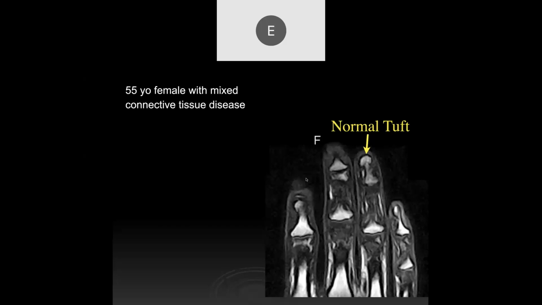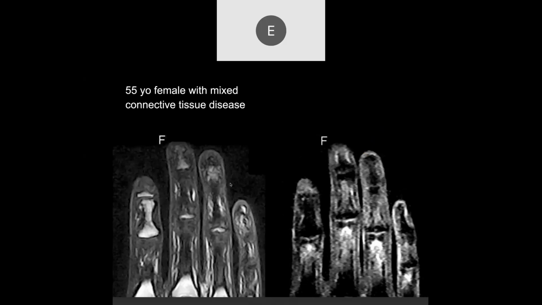Okay, Elior. Okay, we have a 55-year-old female with mixed connective tissue disease. Okay, so we're pointing at a normal tuft, that fourth digit, but it looks like the tufts of the second and third are eroded.